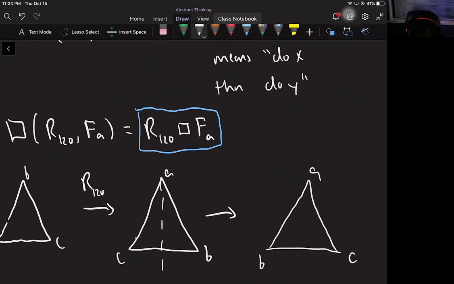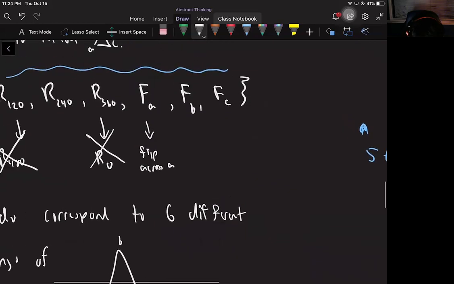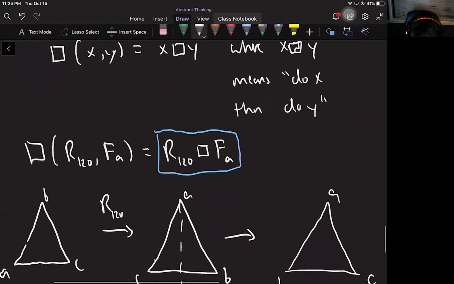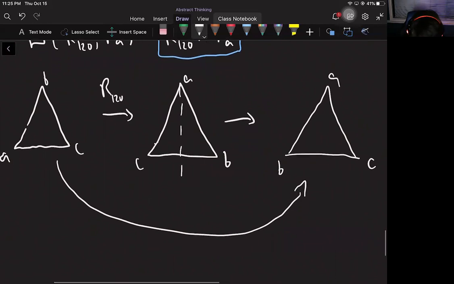And I have to think now, what is that the same as doing? That's got to be the same as one of these. So I've got to look at it as from here to here. How can I just go straight from there to there? What is that going to be?